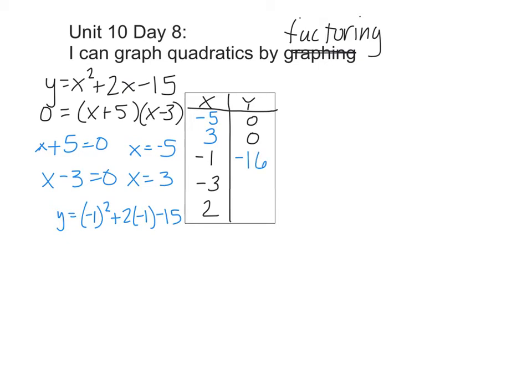Doing the same thing with negative 3, we are going to get negative 12. And doing the same thing with 2, we're going to get negative 7. Just some things to look at and think about. All right, so we're going to make our graph.